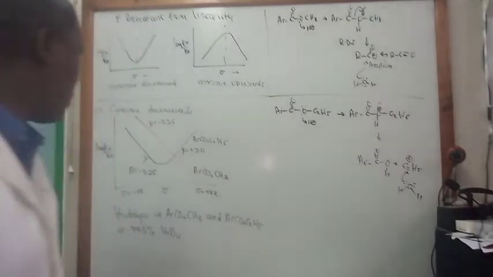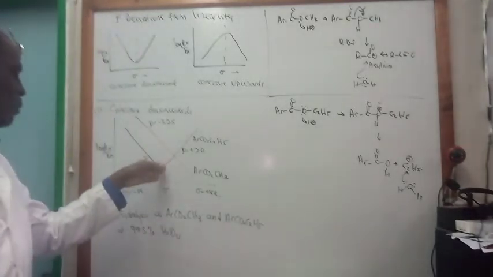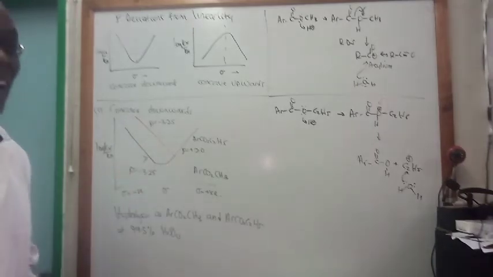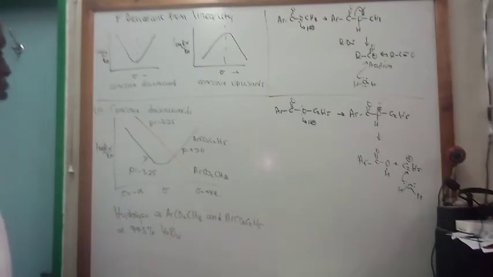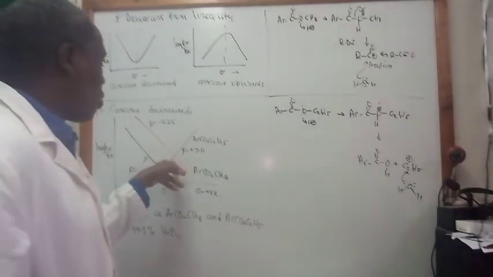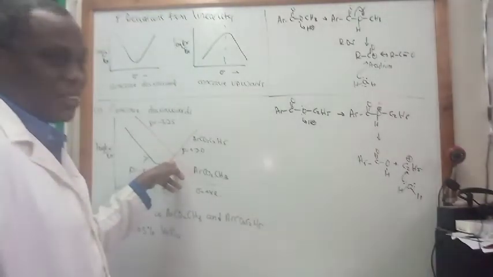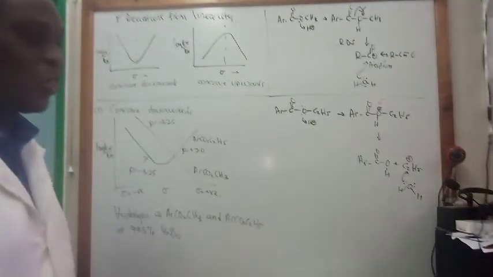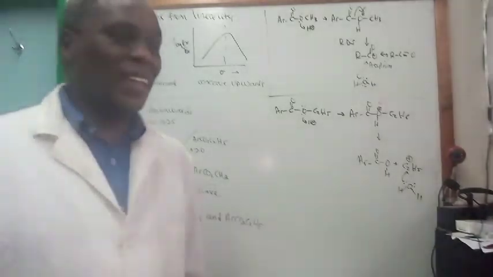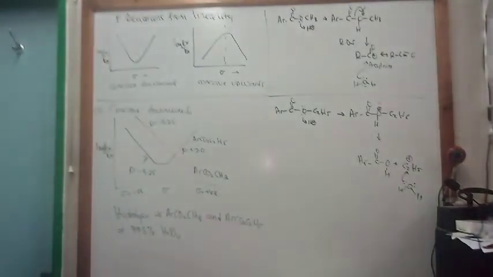And then after some time it becomes zero, and then it starts to increase. When you have strong electron withdrawing groups, the rate starts to increase again.